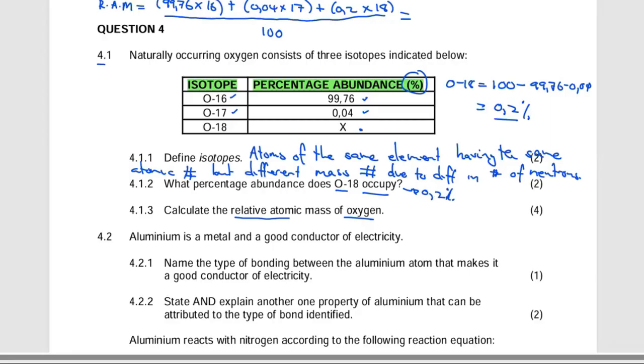Yes, it gives me a value of 16.0044. So our final answer is going to be 16.0044. Take note, it's important for you to show all this working. Don't just write down the answer as it is. You should show the working that you did to get to 16.0044.